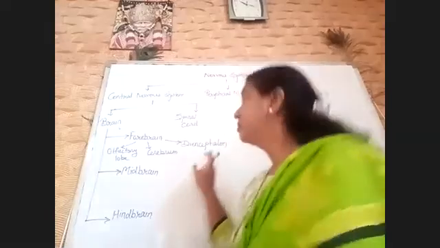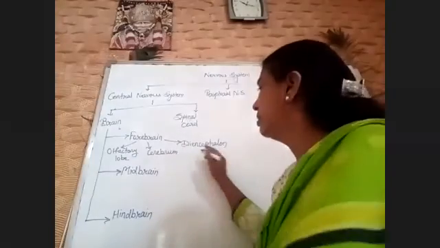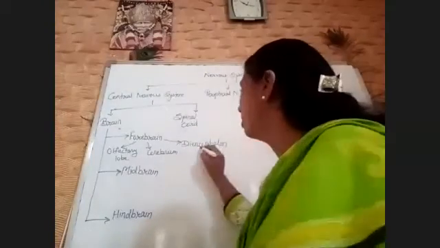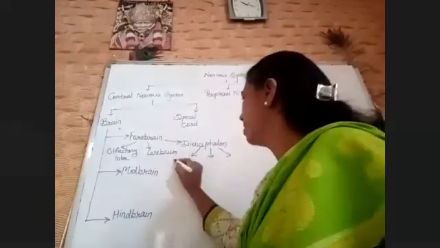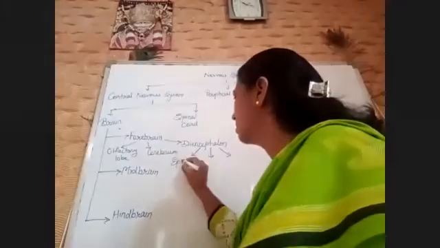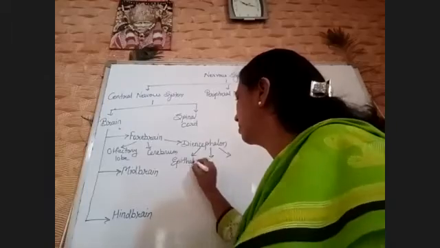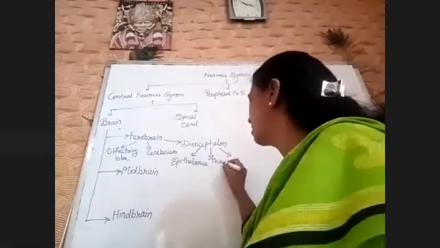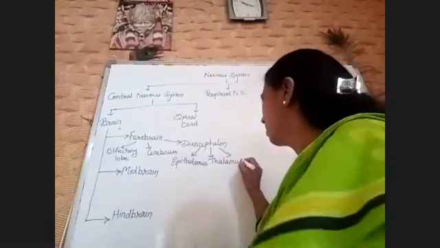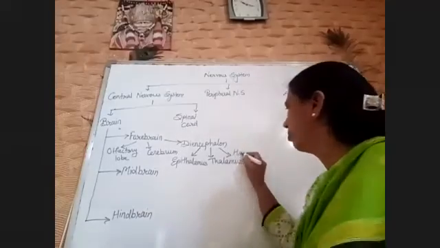Okay. This diencephalon is made up of again 3 parts. One is hypothalamus, second is thalamus, and the third is hypothalamus.